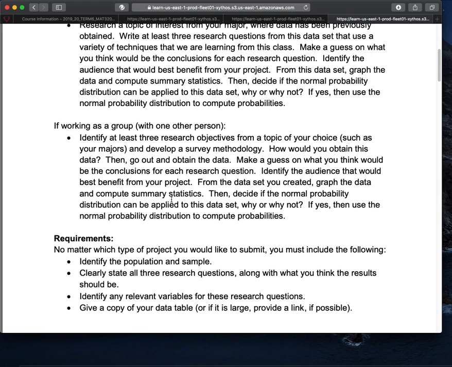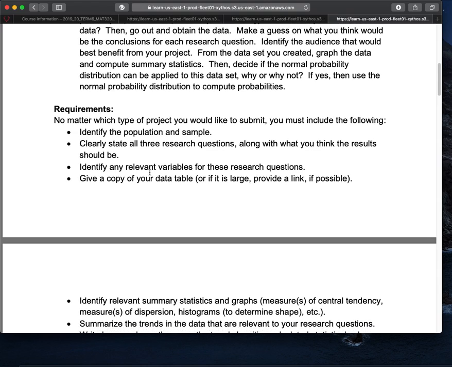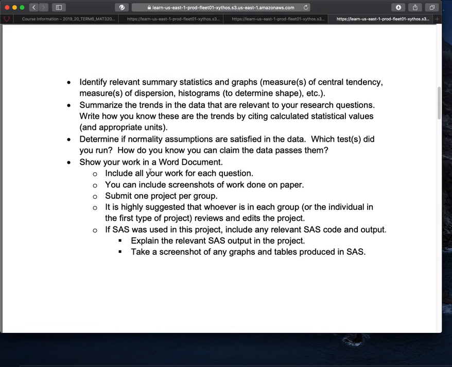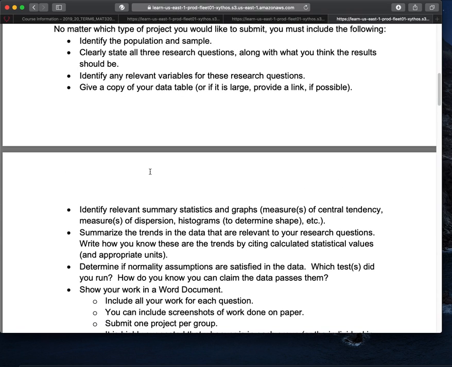If yes, use this normal probability distribution again to compute probabilities. So the biggest difference between these two is that individually you're finding your own data set. If you work as a group, you're making your own data set.